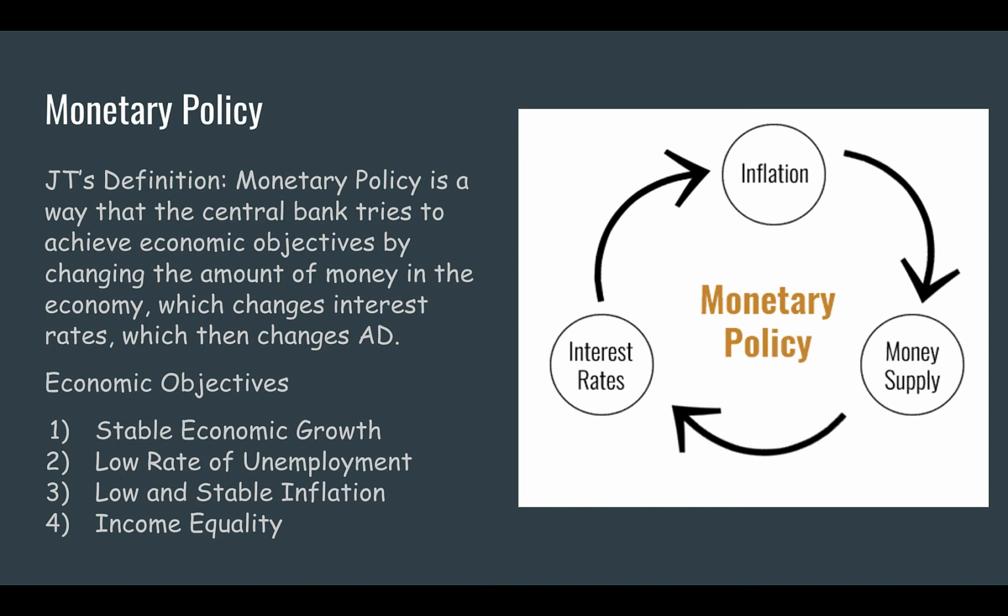So looking at all of these things, what I want you to know right now is that the central bank will change the amount of money in the economy, I'll define that better in a later slide, which will then change interest rates, which will change aggregate demand with the view of achieving some of these economic objectives. Don't forget, these are all four.